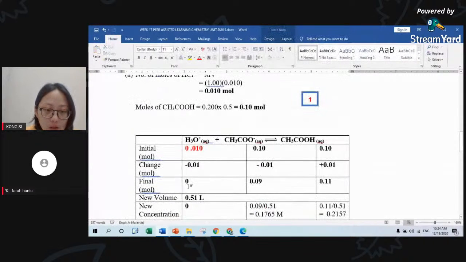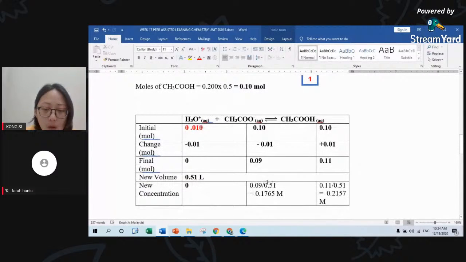So this is the new number of mole, the final mole of this buffer solution. And then the volume is 0.5 plus 0.01, so the final volume is 0.51 liter. Apply the formula mole over volume to find the new concentration.